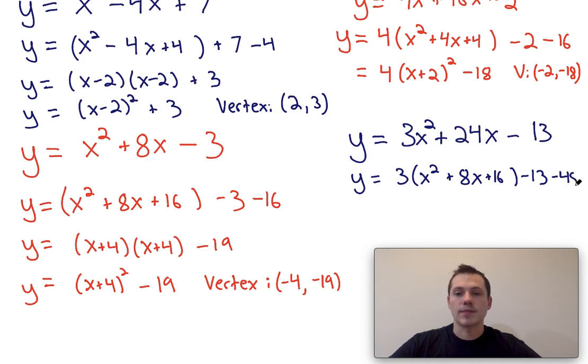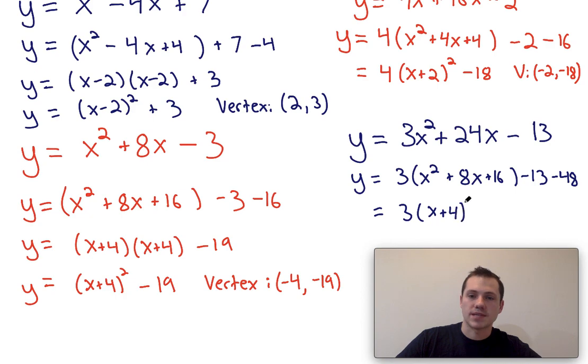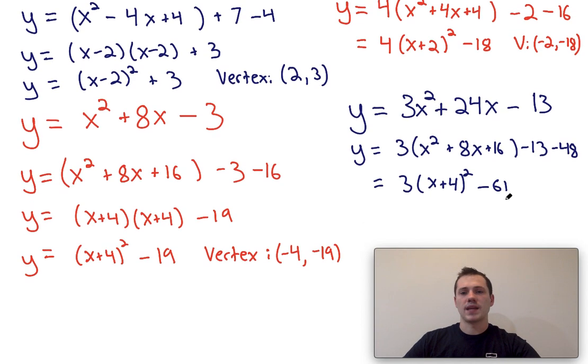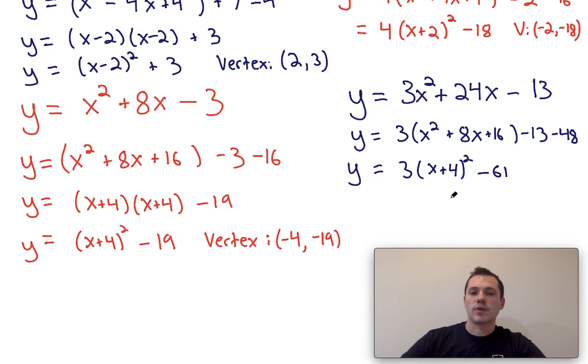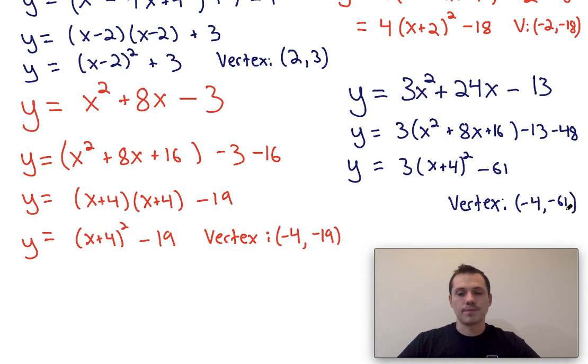To undo that, I subtract 48 out here. Going through the whole factoring process again, this factors into x plus 4 times x plus 4. Then negative 13 minus 48 is negative 61. So now we have our equation in vertex form, and we can see that the vertex would be the point (negative 4, negative 61).